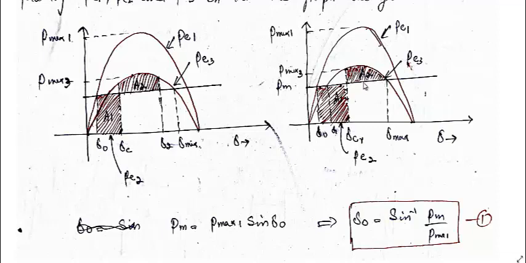It is always with respect to the available electrical power curve and the mechanical power. Since the electrical power now restored is only this curve, this will be the delta max. So delta naught will be equal to sine inverse of Pm by Pmax.